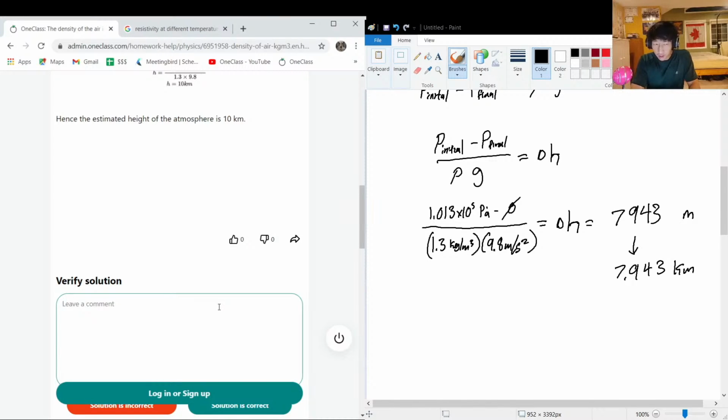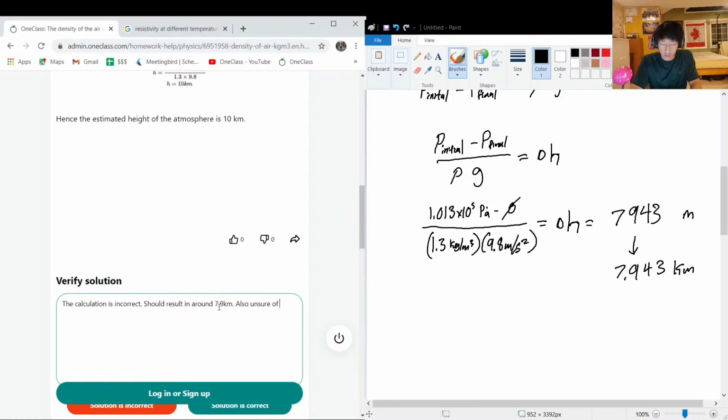So the calculation is incorrect. It should result in around 7.9 kilometers.